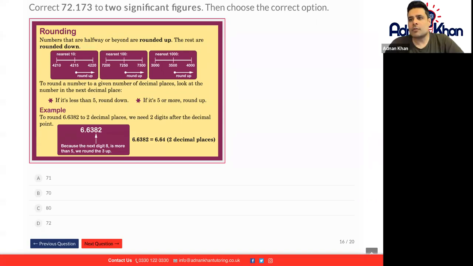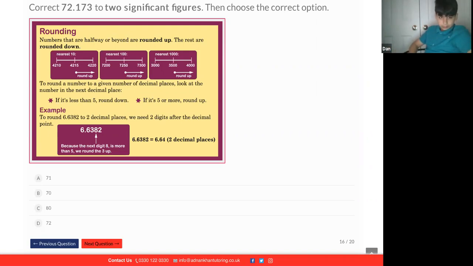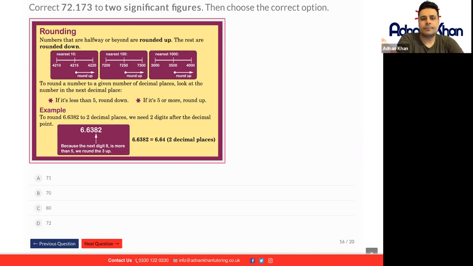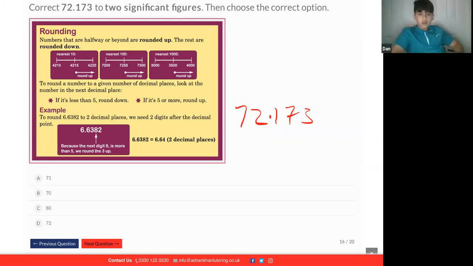And let's just go to Dan for this one. It is 70. Did you say 70, the answer? Yeah. Okay, let's just double check. So 72.173, and we wanted 2 significant figures, so 7 and 2, right?